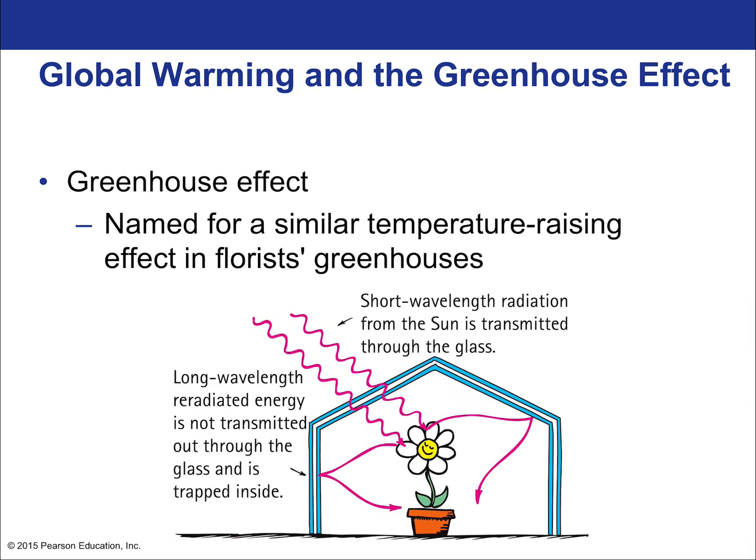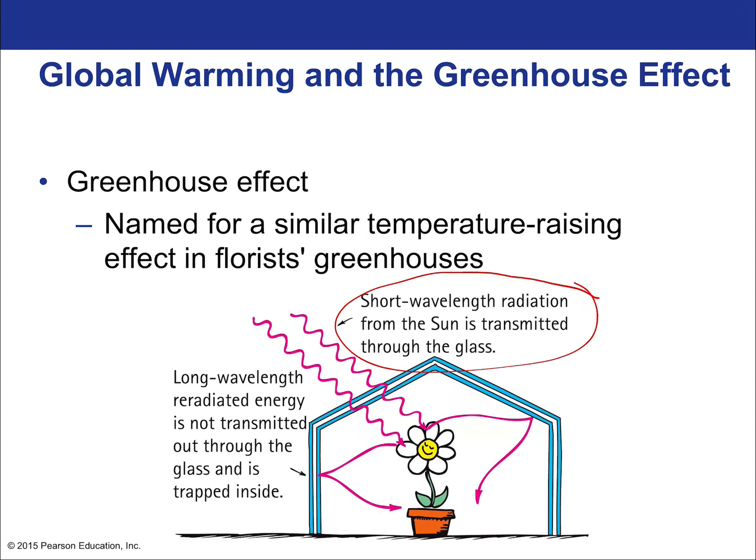And so this short wavelength radiation from the sun is transmitted. So what do we mean by short? Well, the visible spectrum: the red, the orange, the yellow, the green, the blue, the indigo, the violet, all the colors of the rainbow. They're relatively short, so that means they're high frequency, short wavelength. Okay, visible light passes through glass.